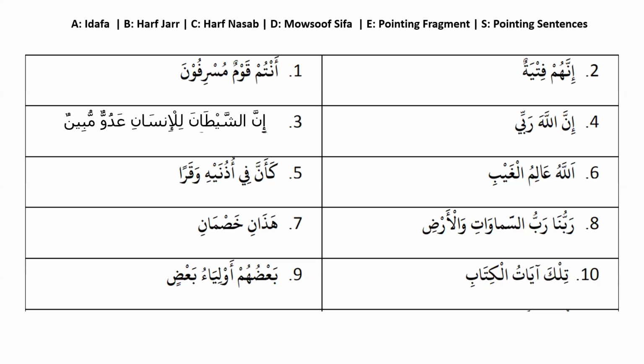What does Rabbus Samawati mean? Lord of the skies. The sky or the skies? One sky or many skies? Many skies, seven. Why do you say many skies? How do you know it's many skies?